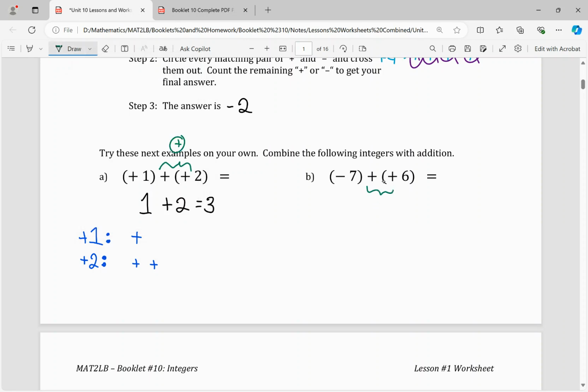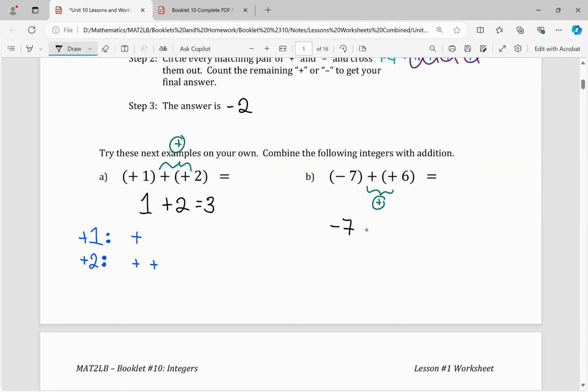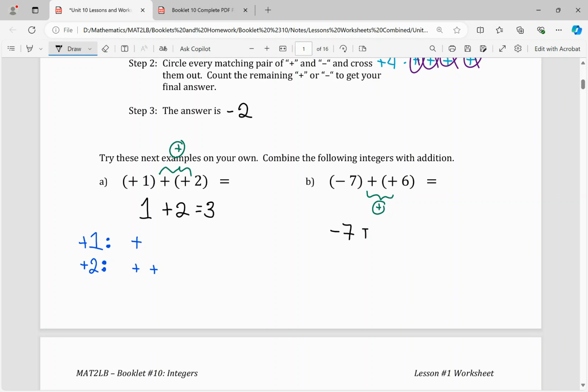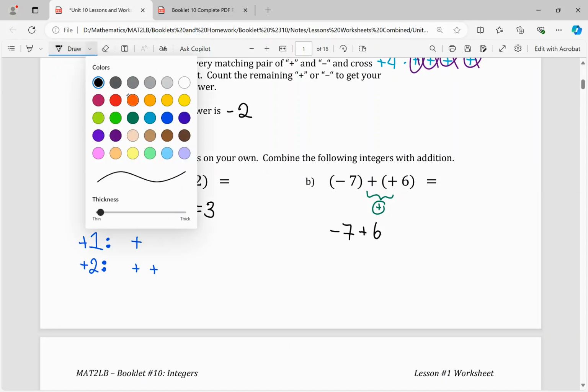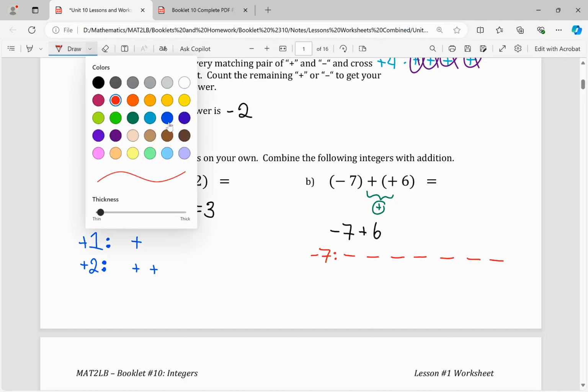In this last example, we have two positives again. That makes a positive. So our statement is negative 7 plus 6. Let's start with the negative 7. So I'm going to draw 1, 2, 3, 4, 5, 6, 7 negative symbols.